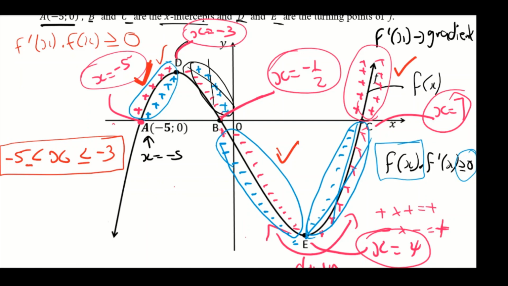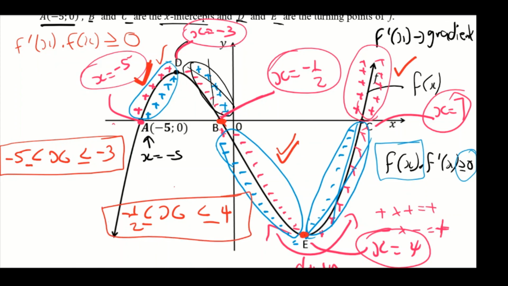And then we try out this one here also, where we can start off from B going to E. So we can say when x lies between -1/2 and 4, this one is also correct. So if you write this or you write this, it will be correct. Or we try out this one here, and we can simply say, because here at point C, x is equal to 7 and then up to infinity, right?